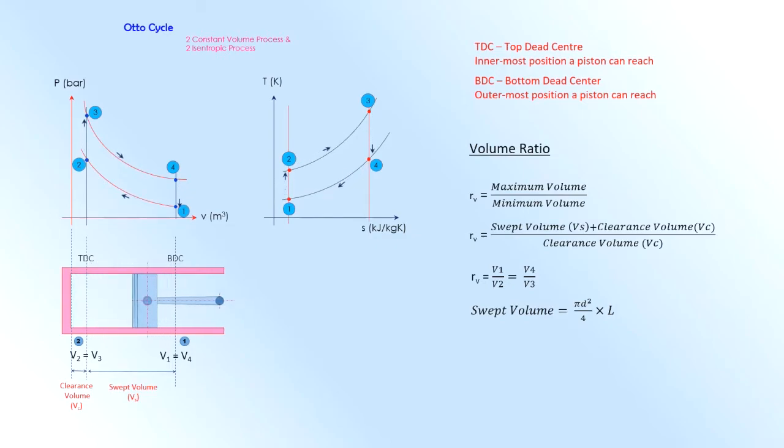That is called the stroke. L is considered as the stroke. D is the bore of the cylinder or the diameter of the piston. L is the stroke, which is the distance the piston travels between the two positions, that is from BDC to TDC, or from TDC to BDC.